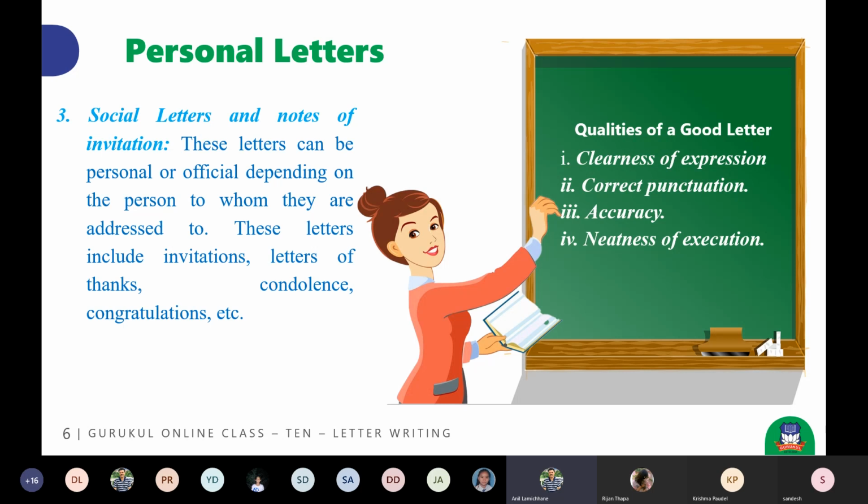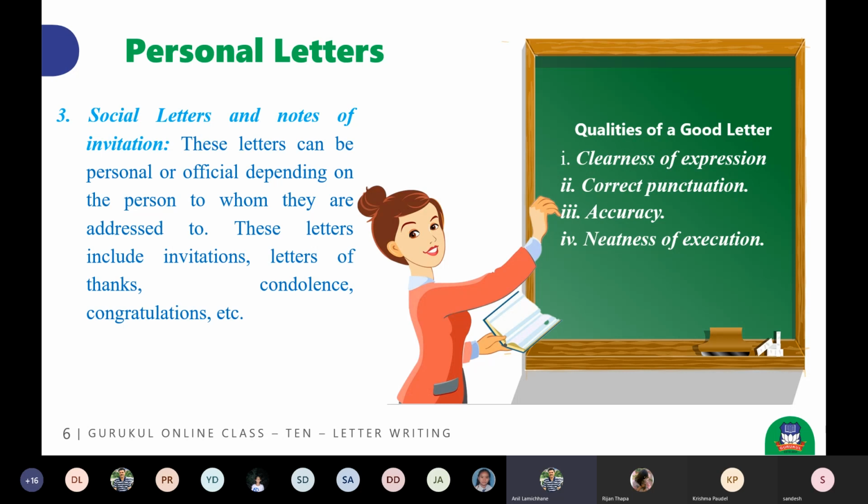So social letters are invitations. Sometimes they can be personal, or sometimes official. To whom it is addressed, to whom it is to be delivered, it depends on that whether it is personal or official.